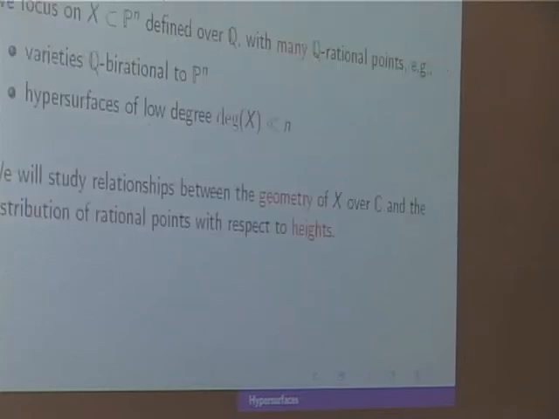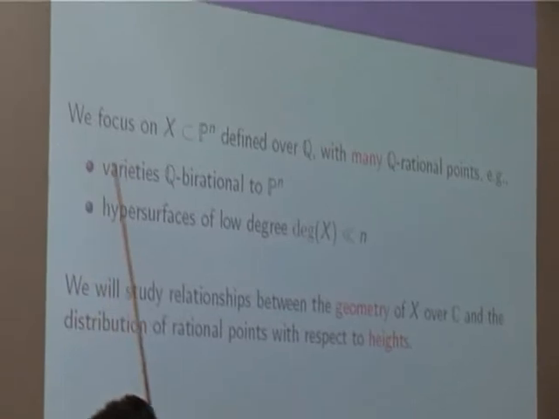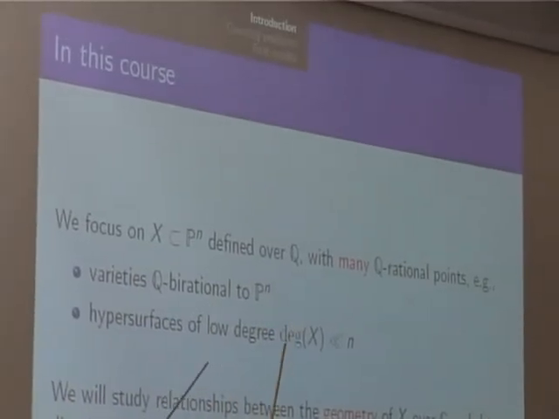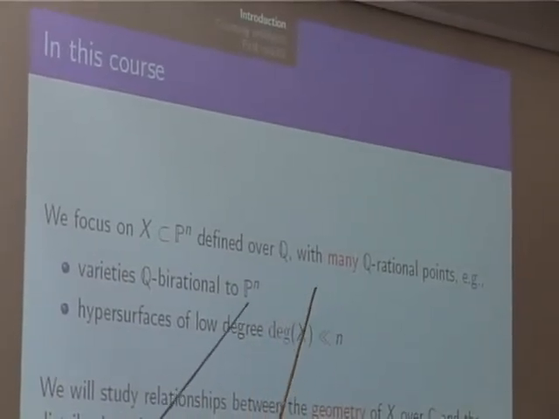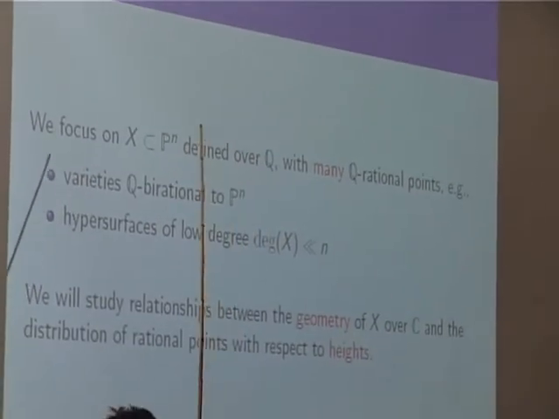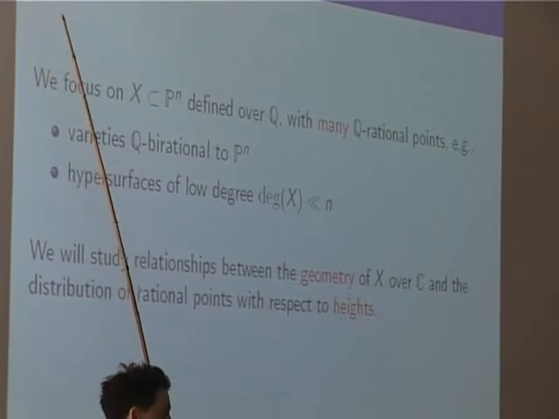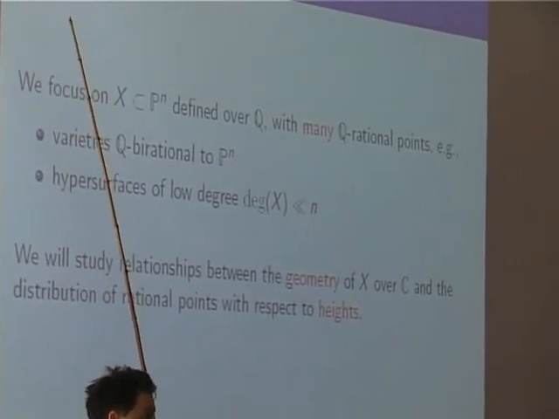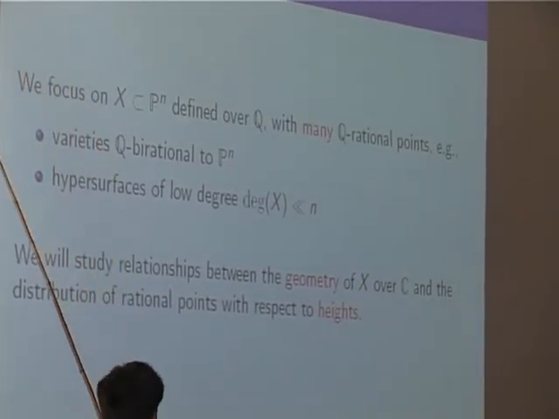So that's a picture. And what we'll do in this course, we'll focus on varieties defined over the rationals, with many rational points. It's not straightforward to ensure this property. Just having n plus 1 minus d bigger than 0 is not good enough.